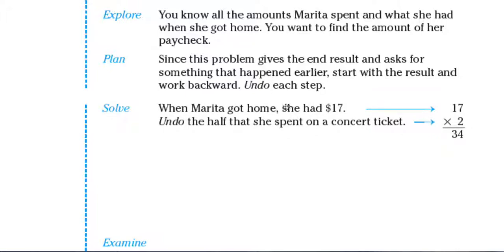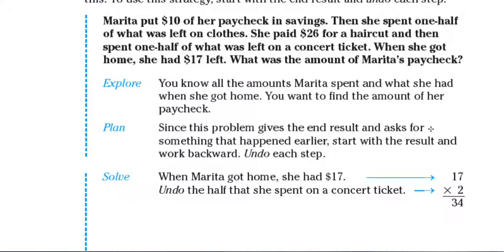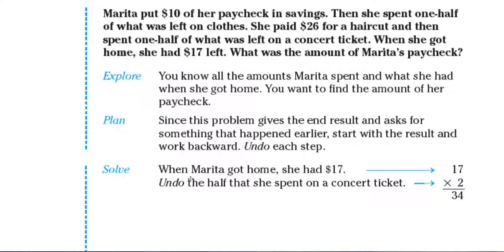When Marita got home, she had $17. The first thing we need to do is undo the half that she spent on a concert ticket. When you undo one half, you're basically multiplying by 2. The opposite operation of dividing by 2 is multiplying 17 by 2.